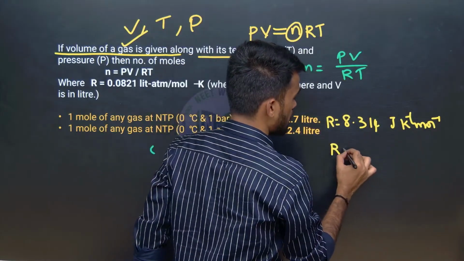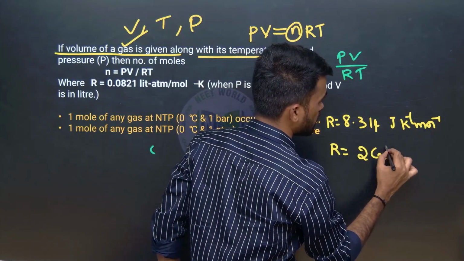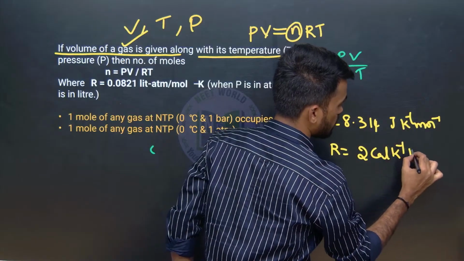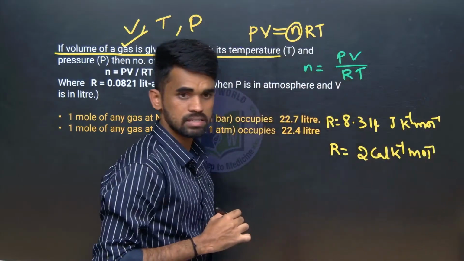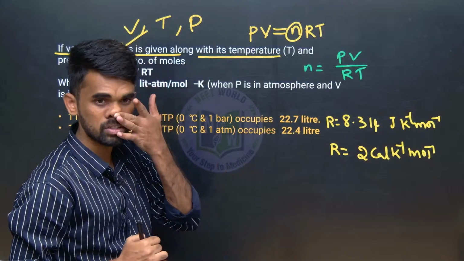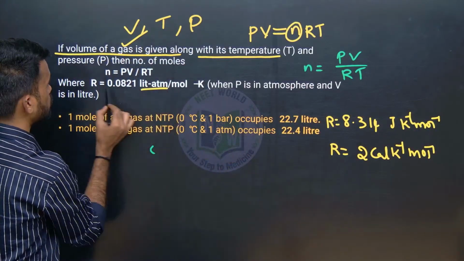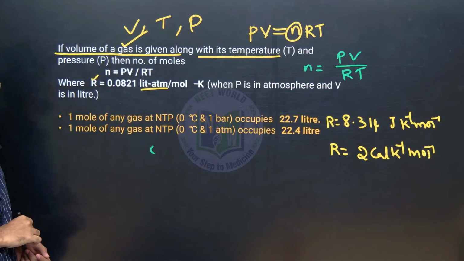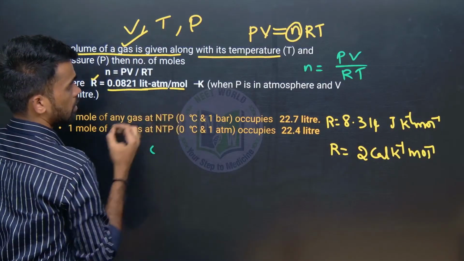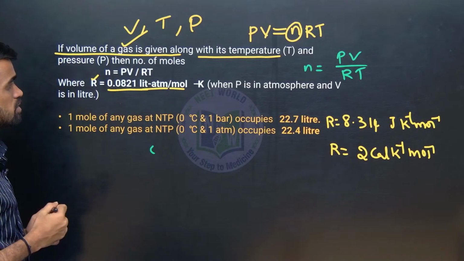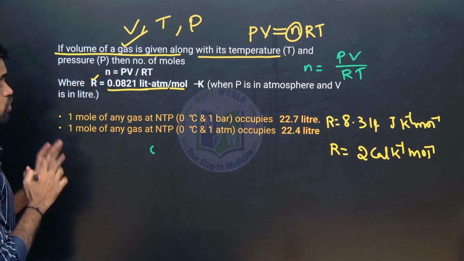In terms of calories, we can write 2 calorie per Kelvin per mole. In terms of liter atm, we have 0.082 liter atm per Kelvin per mole. Hope it is clear.